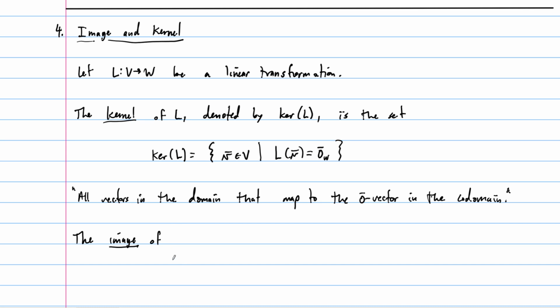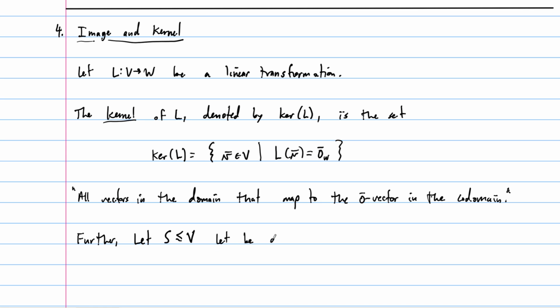So the image of L, that's not exactly what I want to say. There is not an image of L, so I need to be more careful, sorry. So here's what we want to do. Let's let S be a subspace of V. Remember this notation with the less than or equal to sign. This means that it's a subspace.